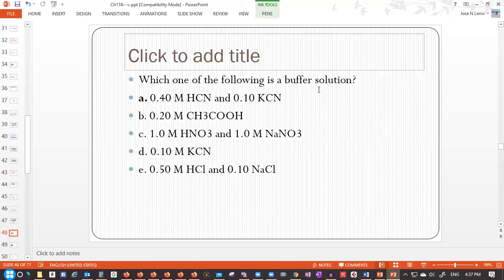Remember, a buffer solution is made of a weak acid and the conjugate base of the weak acid, or, conversely, a weak base and the conjugate acid of the weak base. What is this? Weak acid. What is this? A salt of the weak acid. Yes, it's a buffer.